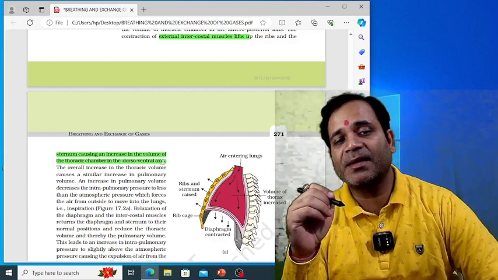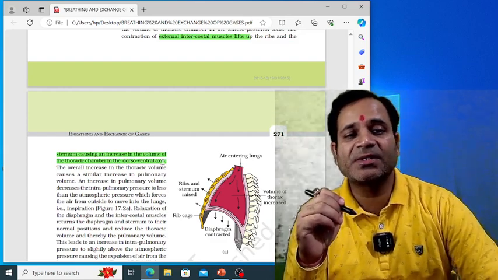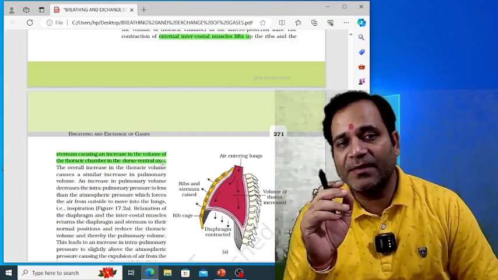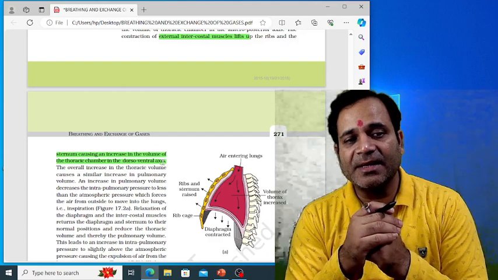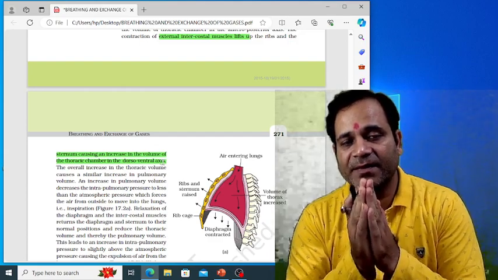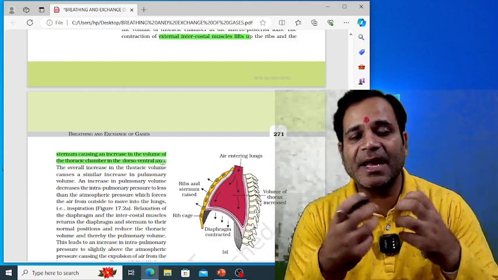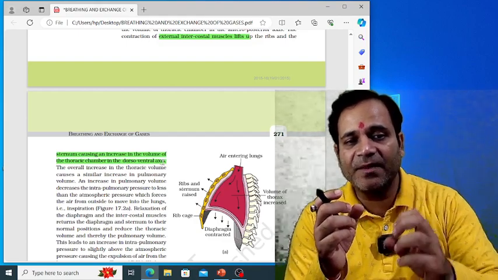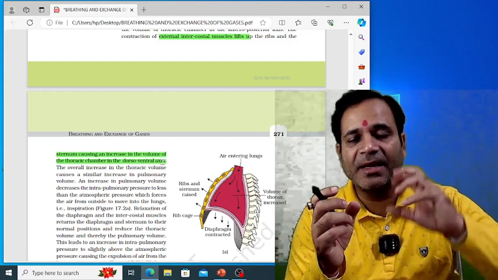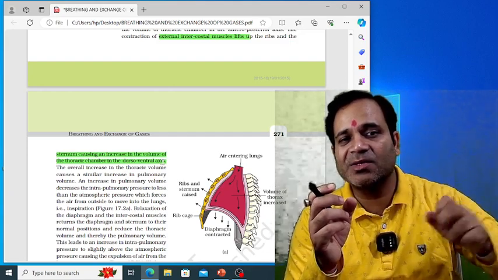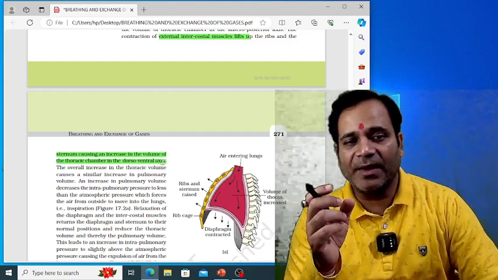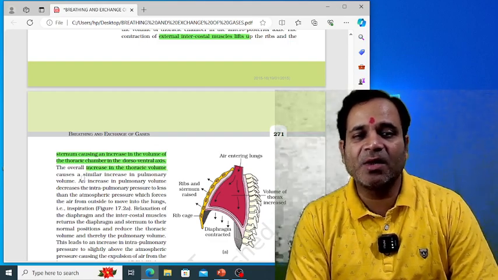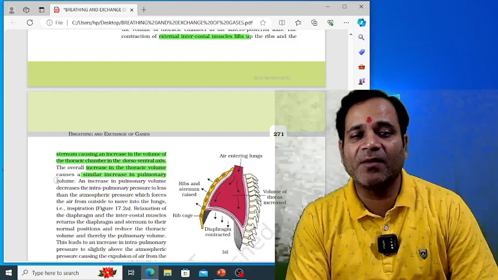Whenever we take in air, it increases the capacity of the lung chamber, so that the lungs fill with air, and meanwhile the air containing oxygen diffuses into the alveoli, my dear. So an overall increase in thoracic volume causes a similar increase in pulmonary volume also.